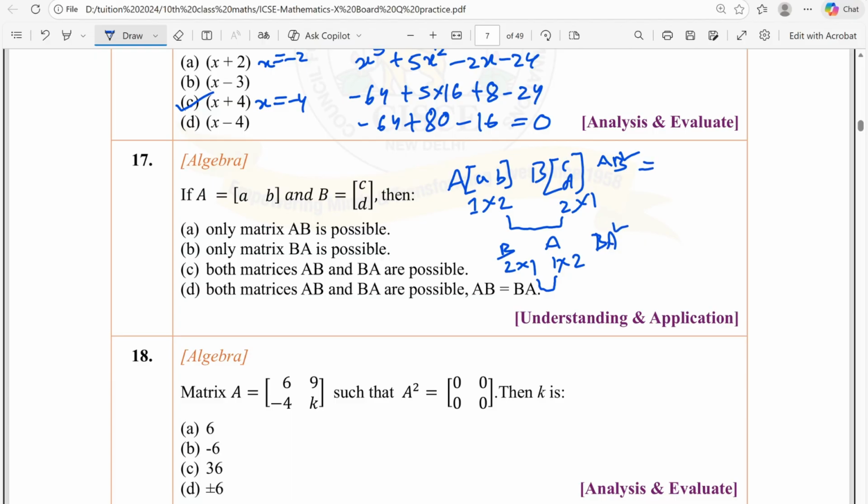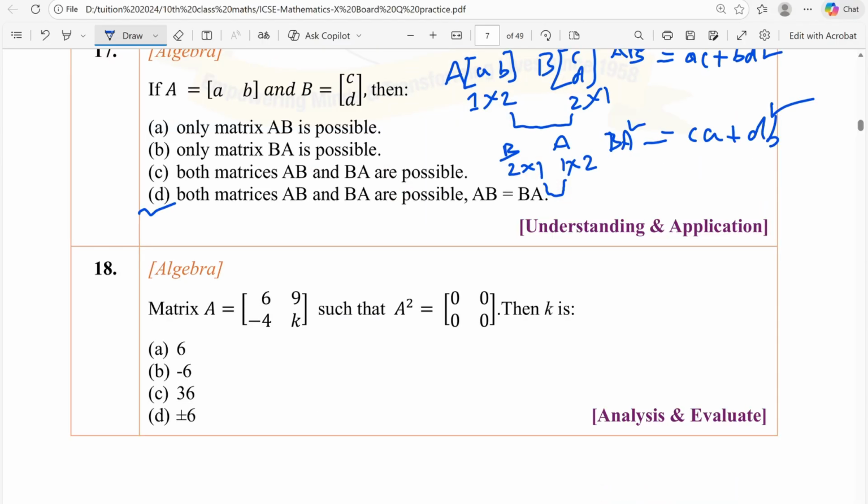AB equals first row into first column, so this is your AC plus BD. Then what is BA? B is CD and then AB, so CA plus DB. Both are equal. So option D. Both matrices AB and BA are possible and AB equals BA.